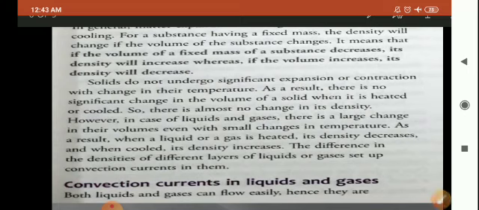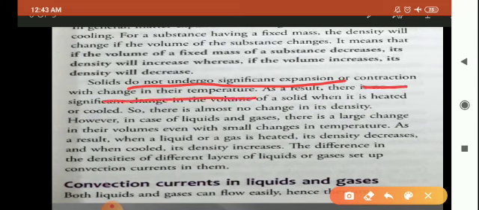Now since children, as you know that solids do not undergo significant expansion or contraction, reason, as you know that in solids molecules are closely packed in a given volume, and hence there is no significant change when we are heating solid.